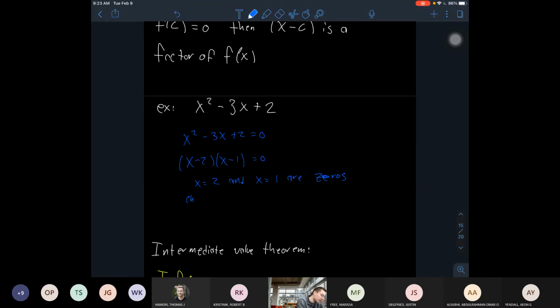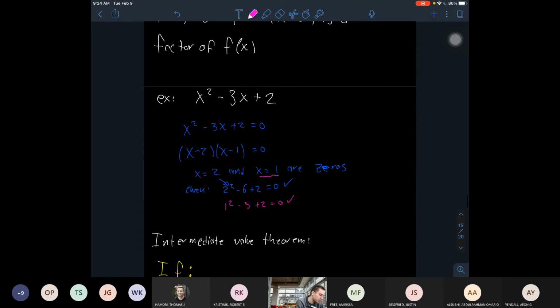We could check that. 2 squared minus 3 times 2 is 6, plus 2, yep, that's equal to 0. So 2 is a zero. And we can check 1 is a zero by doing 1 squared minus 3 plus 2, which also equals 0. So those are the zeros.